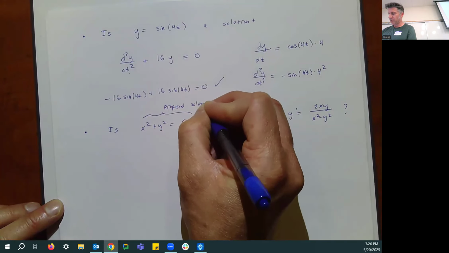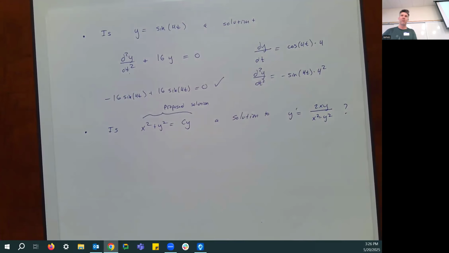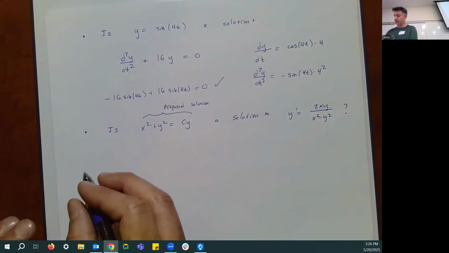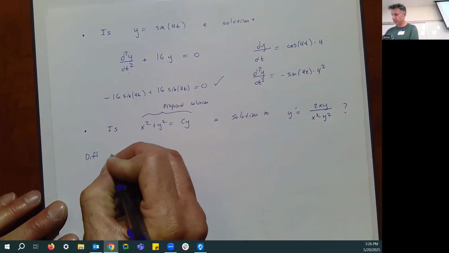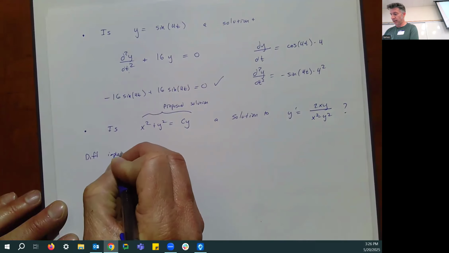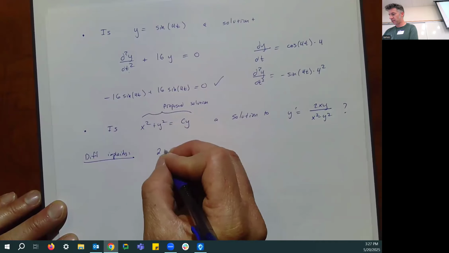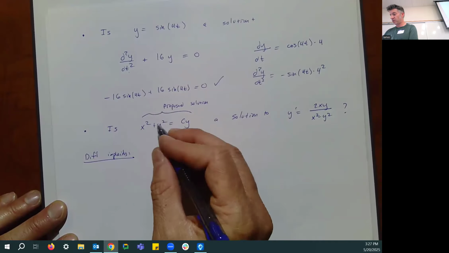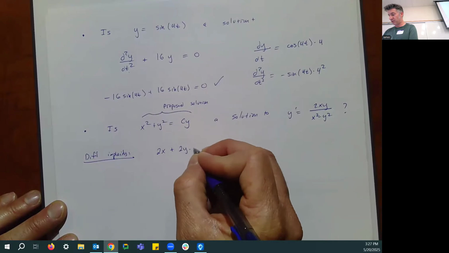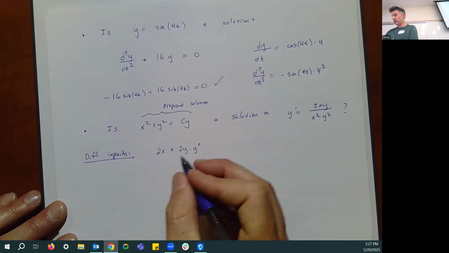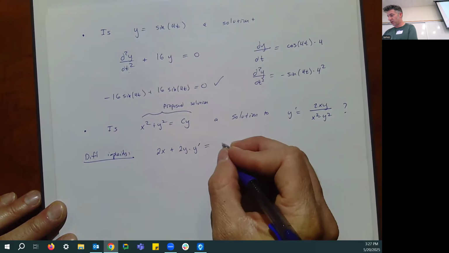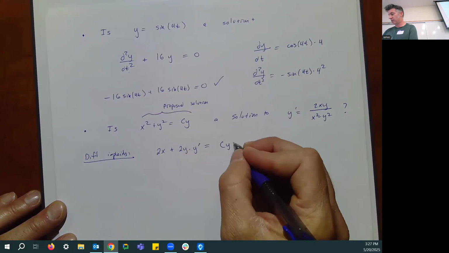And since we can't explicitly solve for y, or we shouldn't really, because you probably could if you really, really wanted to, we're going to differentiate both sides implicitly, meaning y is a function of x. So the derivative of x squared is 2x. The derivative of y squared is 2y times the derivative of y. And the derivative of c times y is c times the derivative of y.